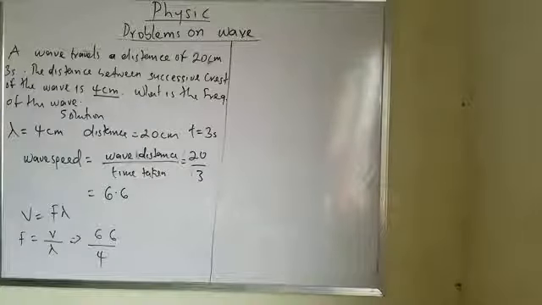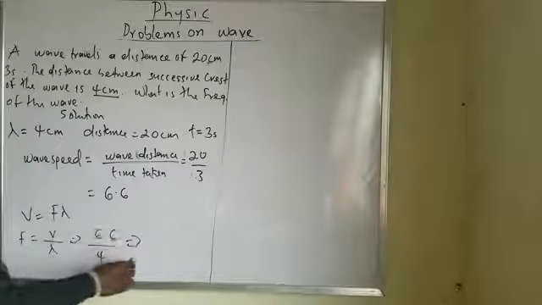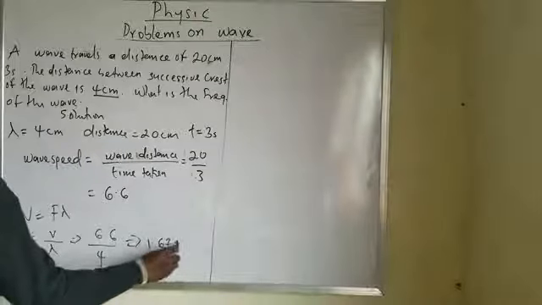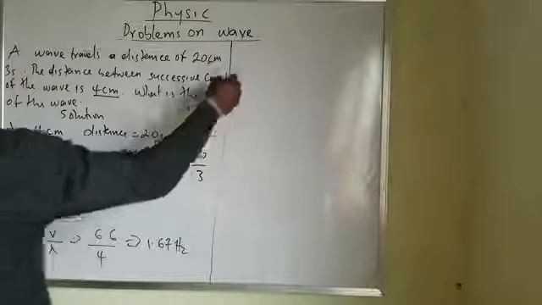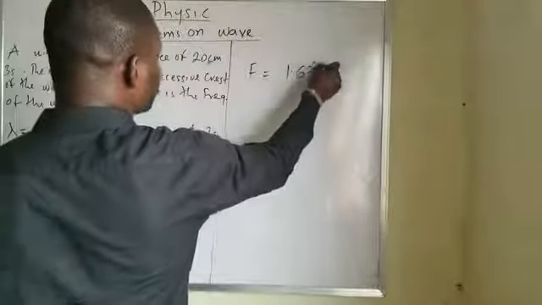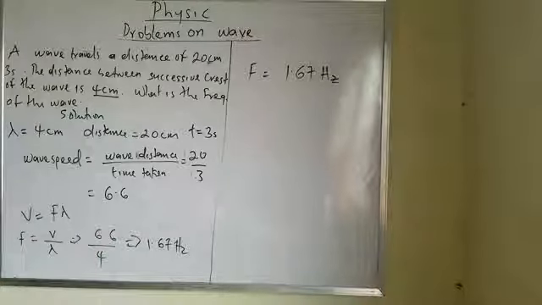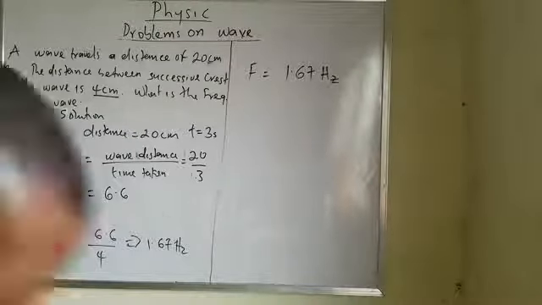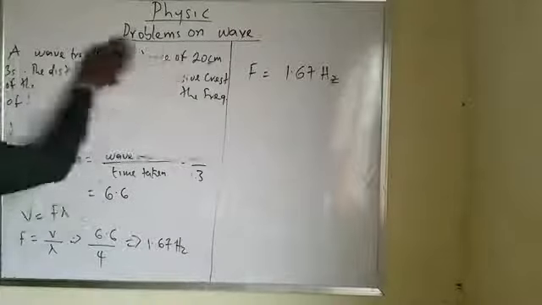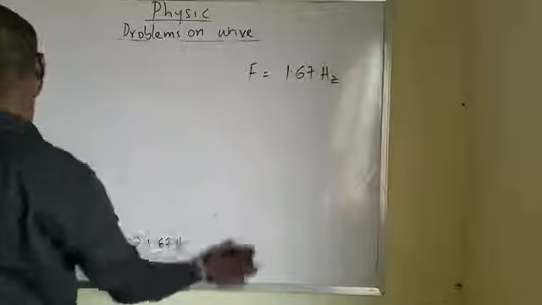Using the calculator, it equals 1.67 Hz. It means my frequency will be equal to 1.67 Hz. That is my frequency. Can you see all these things are very, very simple? Just be able to understand what you need to understand at the beginning, and you are good to go.